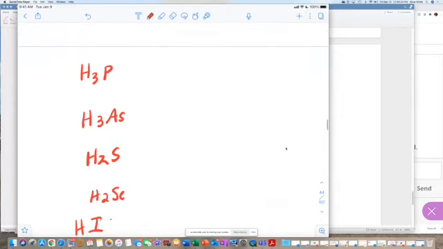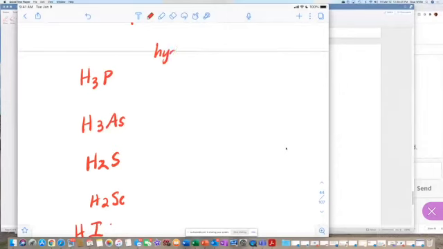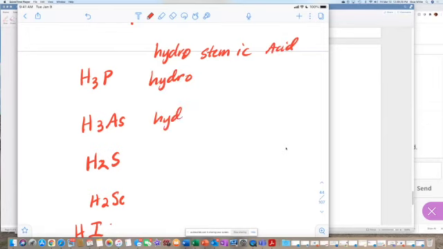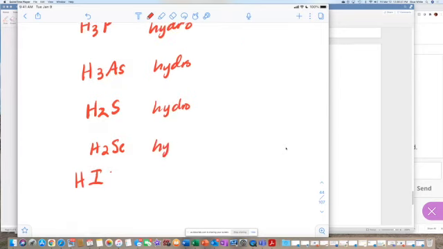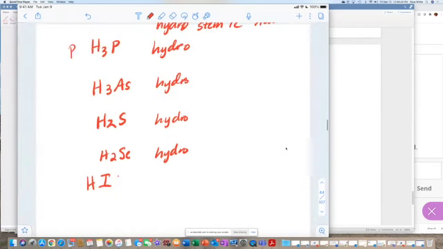HI. So we're going to follow this format, right? Hydro, stem, ic, acid. I guarantee you all of these start with the word hydro. And I've judged them all as binary, so I'll call them B for binary.